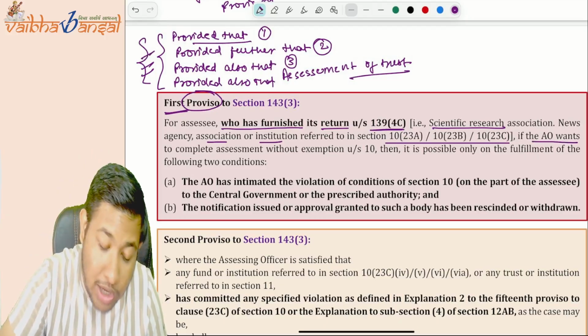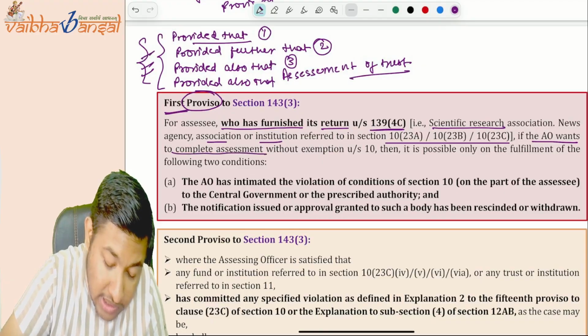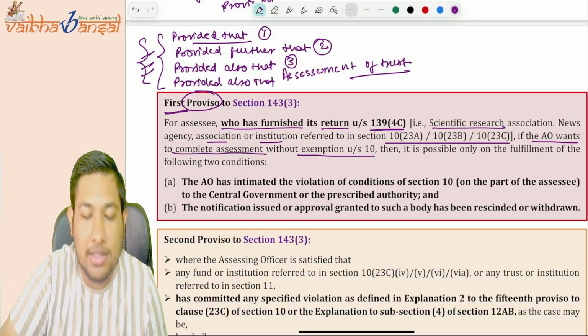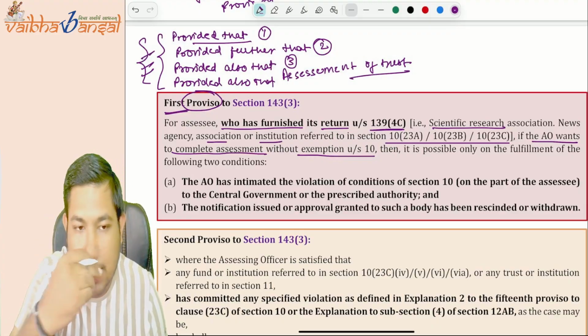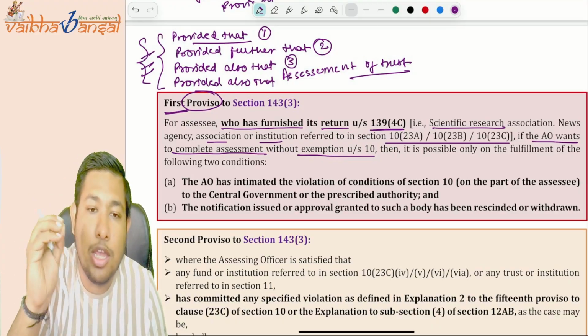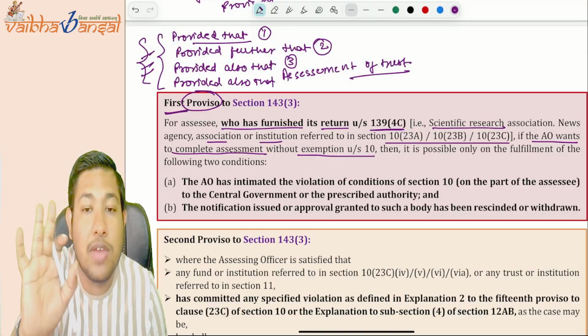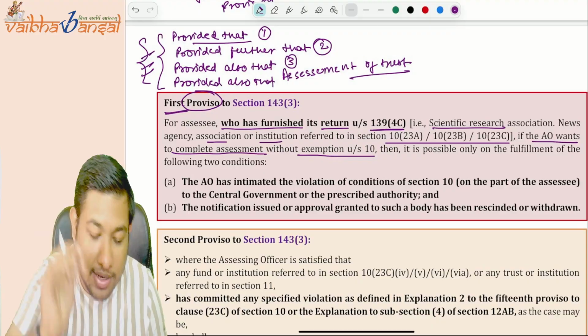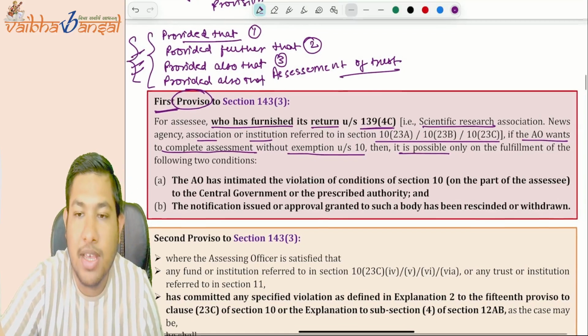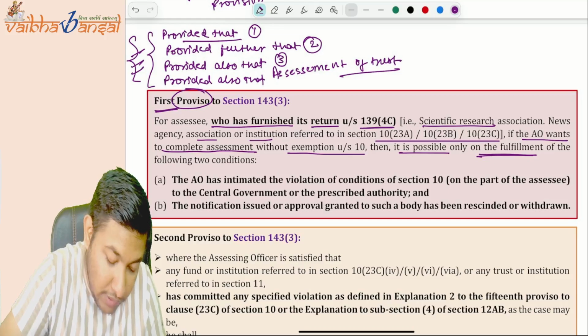Clearly, if the AO wants to complete the assessment without giving the exemptions under section 10, there are certain exemptions under section 10. If the AO wants to complete the assessment without giving the exemptions under section 10, then it is possible only on the fulfillment of the following two conditions.